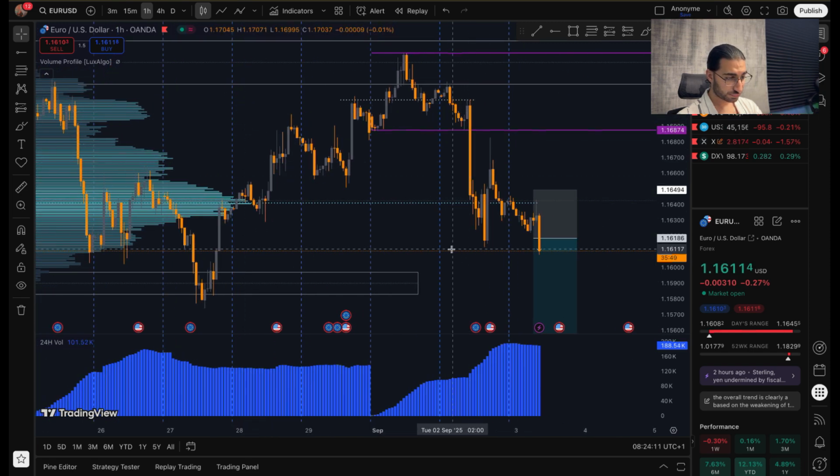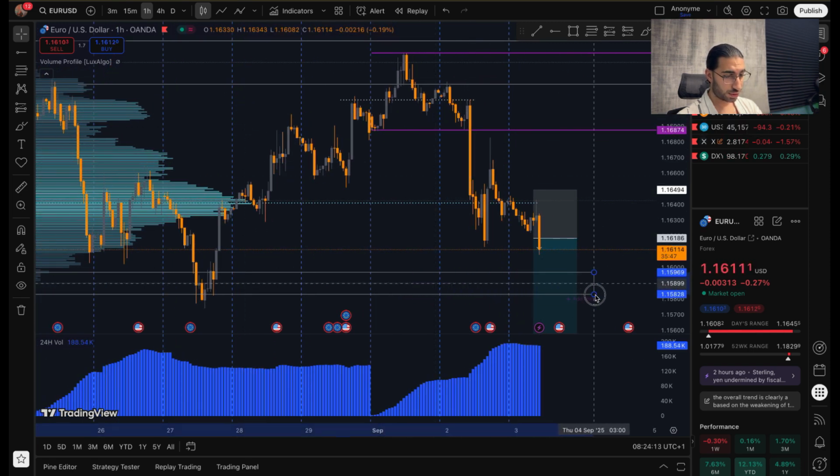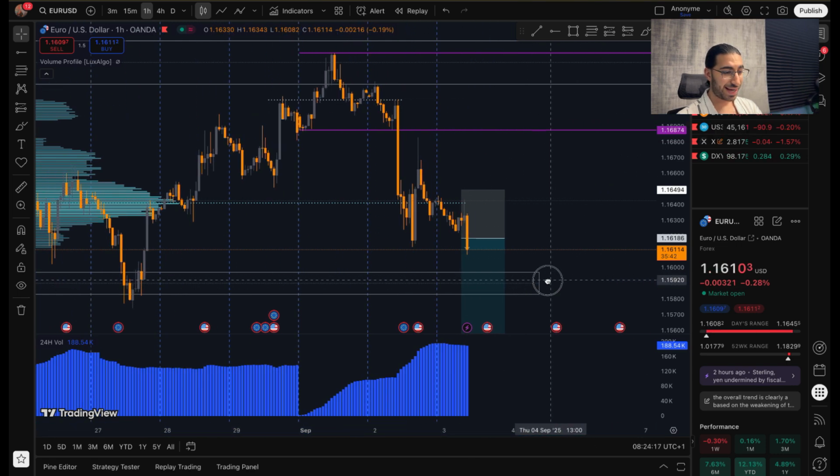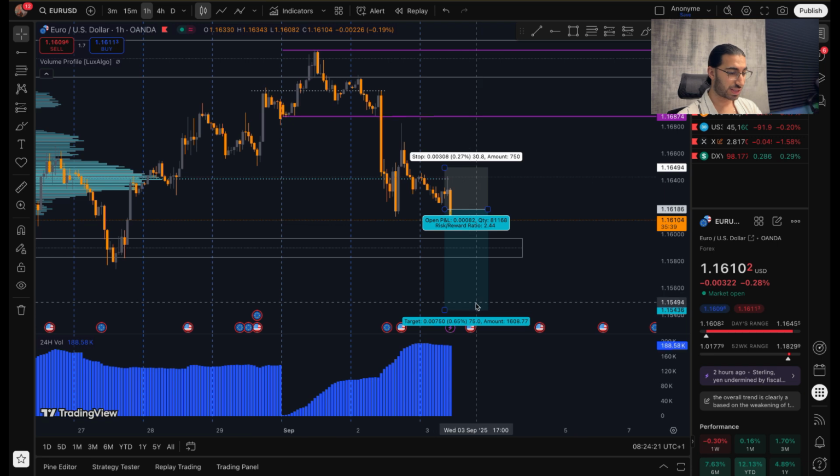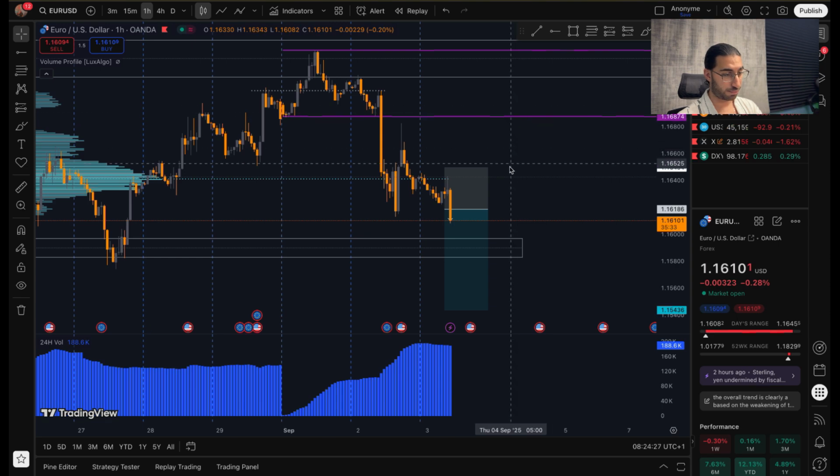And here I am looking for this short to reach here as a first take profit, and I'm going to scale in if it breaches this level, or just get out of the trade if I have the price bouncing back up.